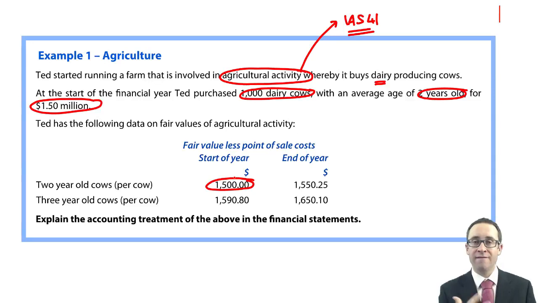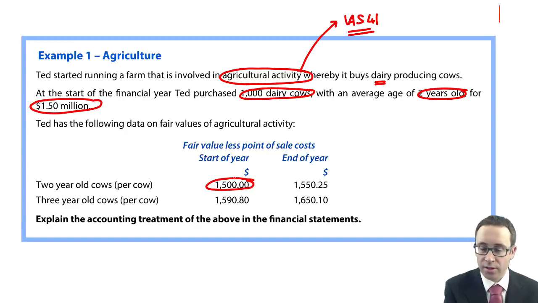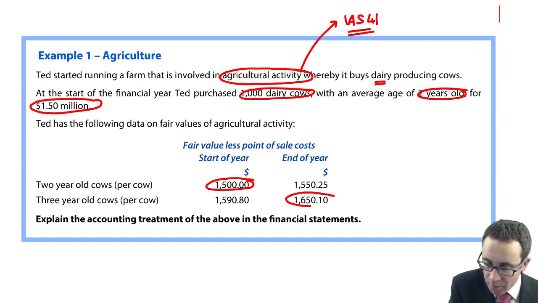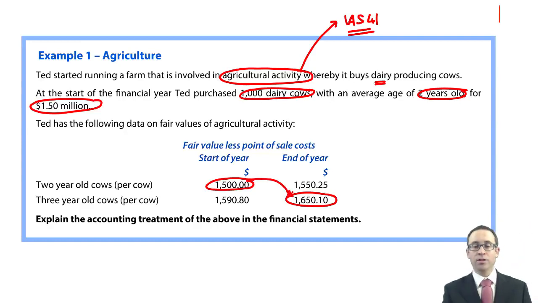Key bit is that at the end of the year, we need to look at the fair value of those cows. Now, the key bit there is that they were 2 years old at the start of the year. They're now 3 years old. So we have the fair value at the end of the year at 1,650.10.